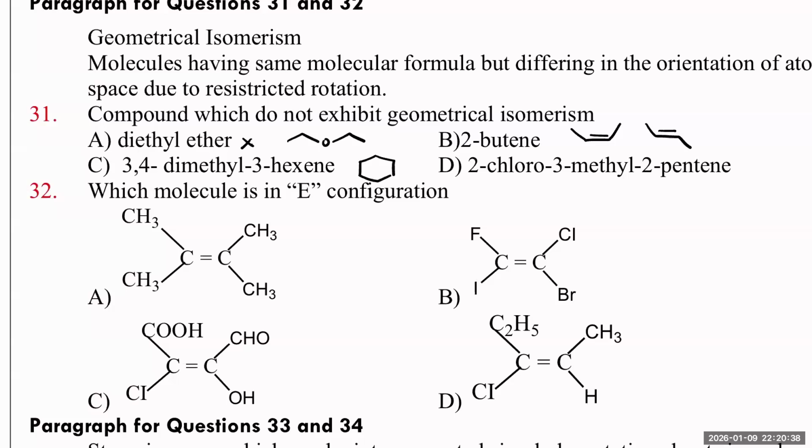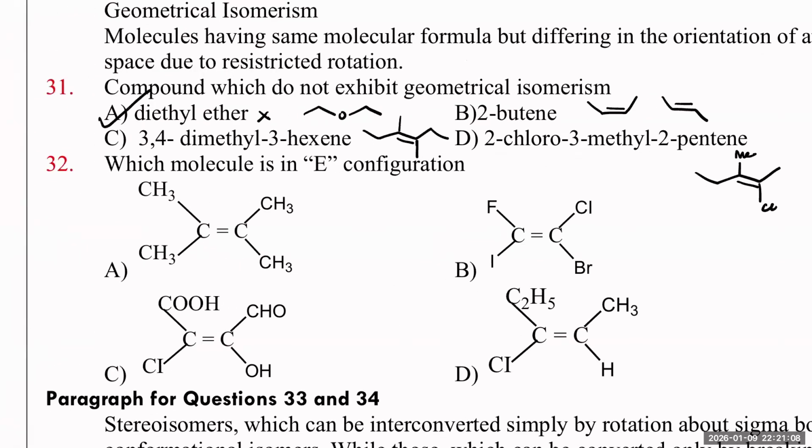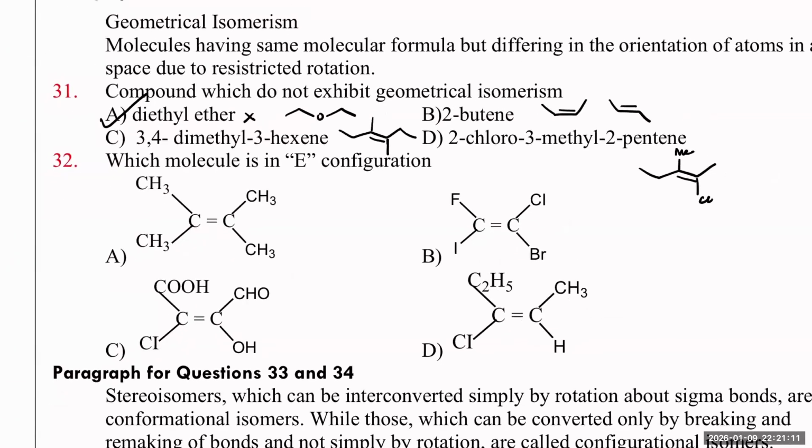So if you have hex-3-ene here, 1, 2, 3, 4, 5, 6, double bond here like this. So yes, there is a cis and trans existing here. Next, 2-chloro-3-methyl pentene. So here like this. Yes, here also there is a geometrical isomer. So the only place where there is no geometrical isomerism is A.